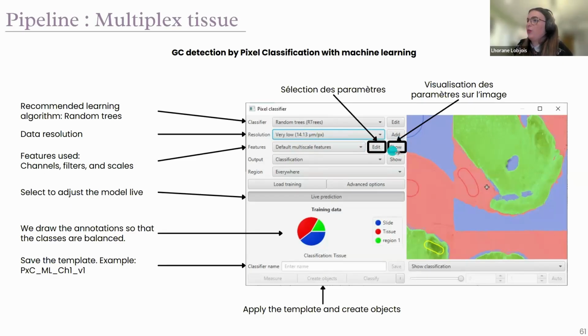This option, when you select it, will show you an image window with all the features applied on the image, one by one, and you can adjust the selection. The rest is by default, it's great. Also here you have the representation of the percentage for the training. So the goal, if you have 3 signals, is to have 33% for each.